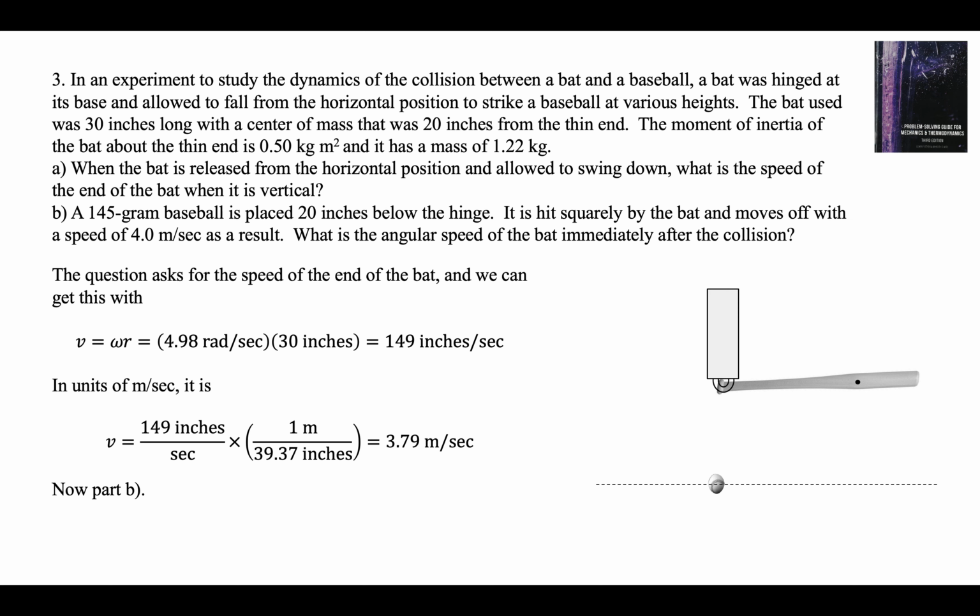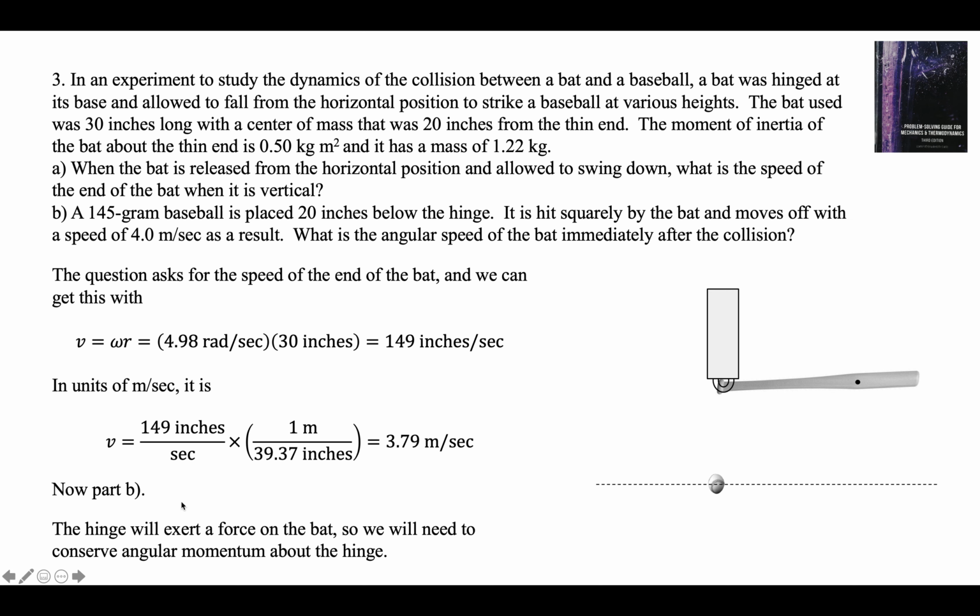Ball hits the bat. The ball rebounds at 4 meters per second from the collision. We have to figure out what the bat's doing. The hinge is going to exert a force on the bat, so linear momentum is out. If we conserve angular momentum, the hinge doesn't exert a torque about this point, so we're going to be okay.